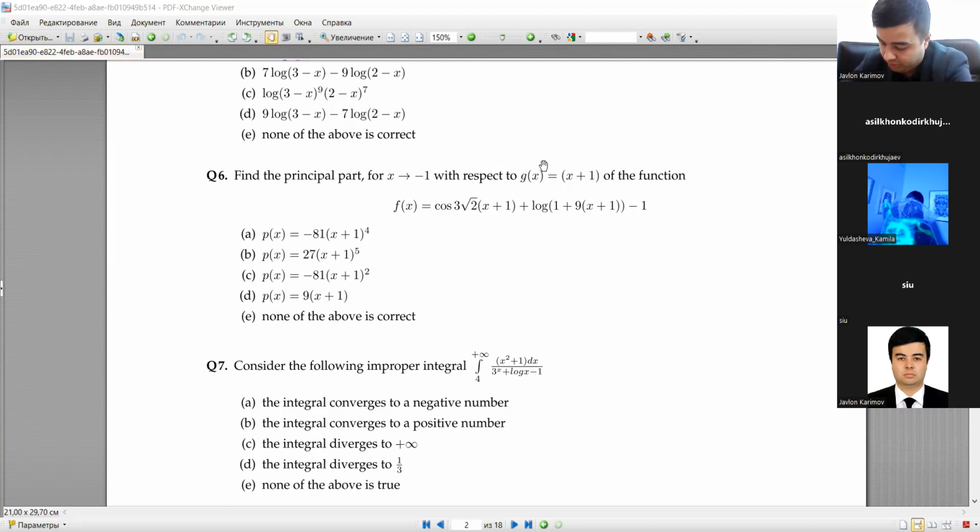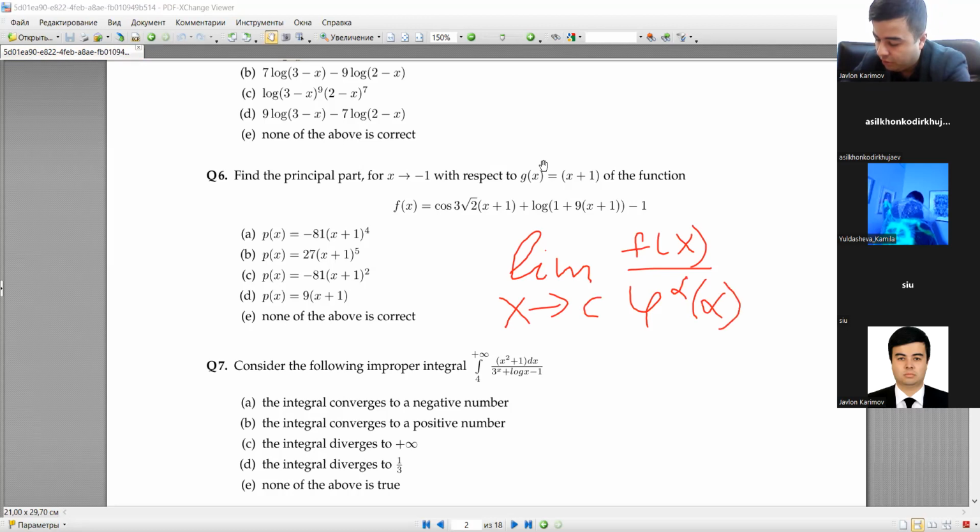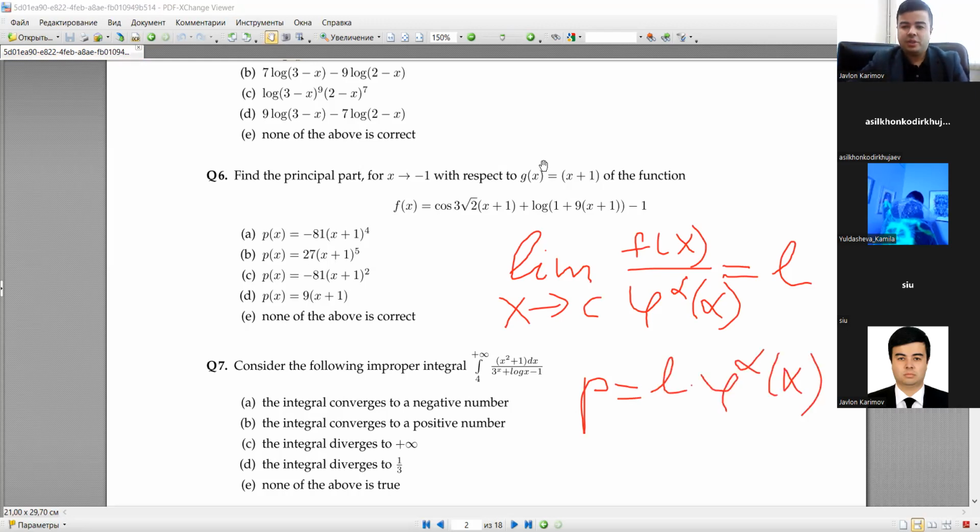Here, the limit as x tends to c. Here c is -1 in this case. f of x divided by phi alpha of x should be equal to any finite limit L, and the principal part here will be L times phi alpha of x. Yeah, so this is the principal part of the function. In this case, phi is a test function, and the test function in our case is g of x.